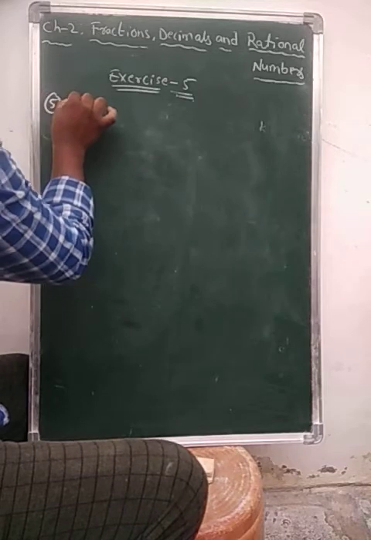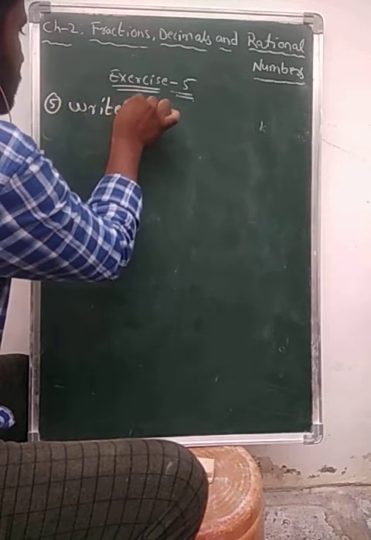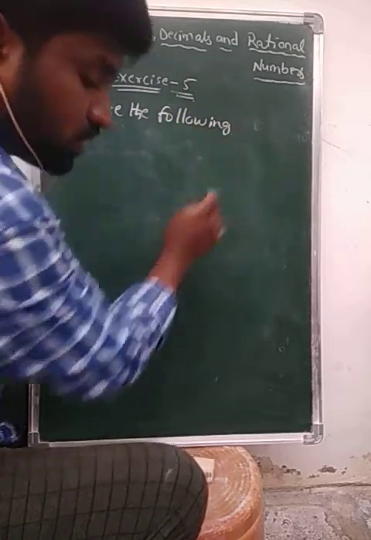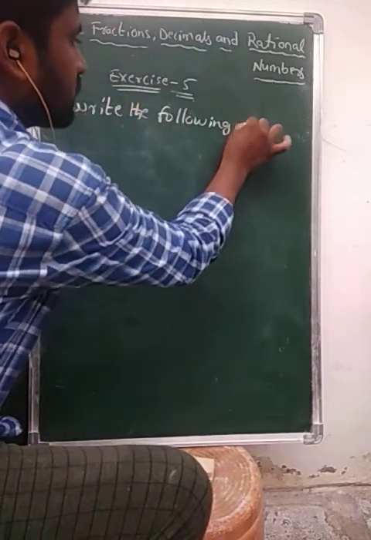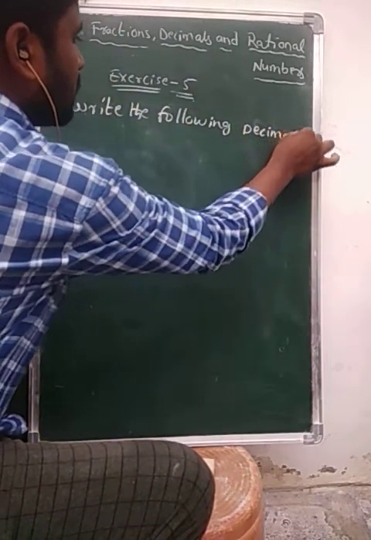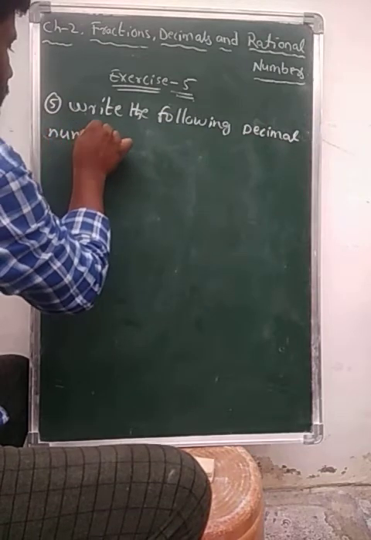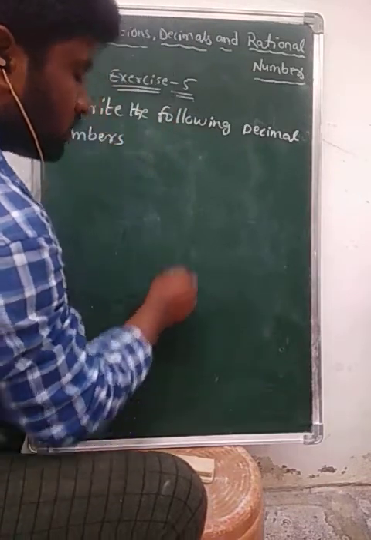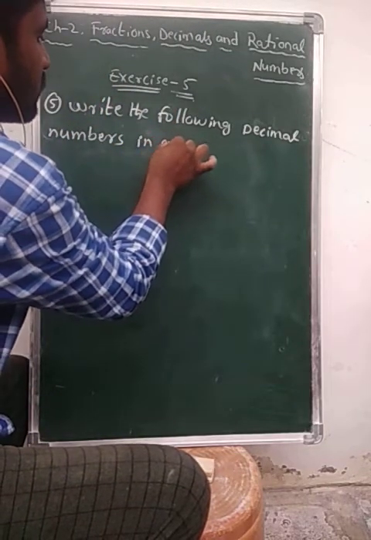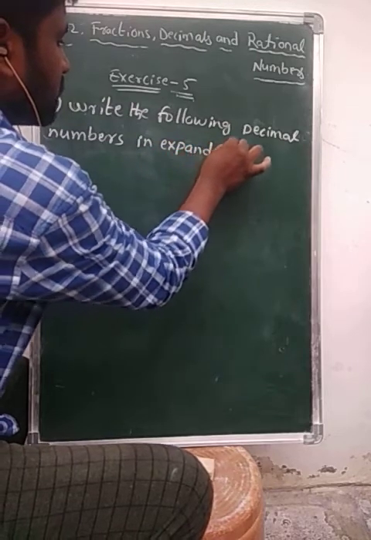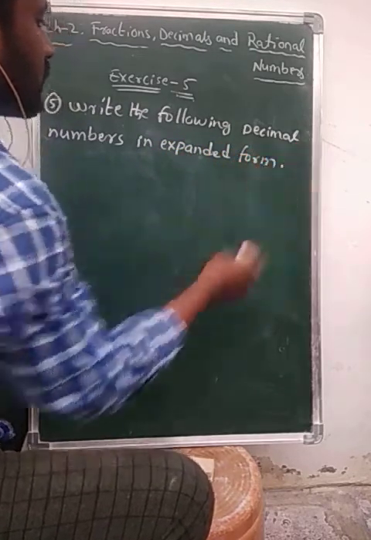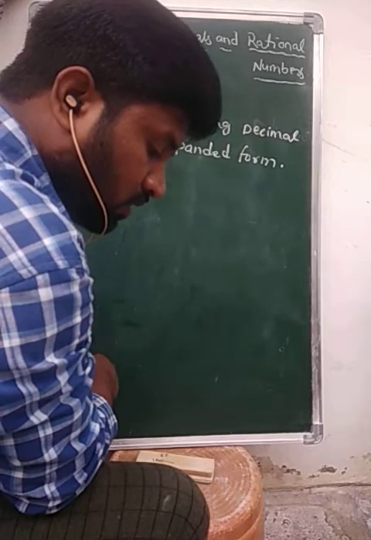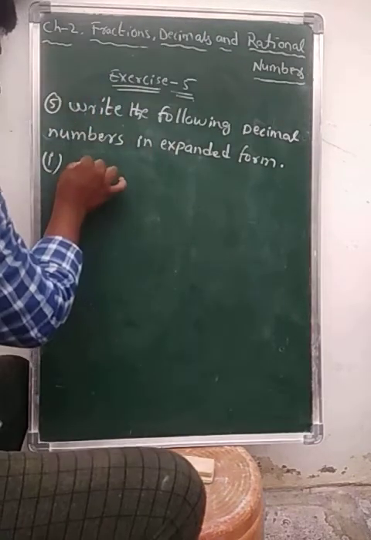Question number 5, write the following decimal numbers in expanded form. In that, the first one is given, 55.5.